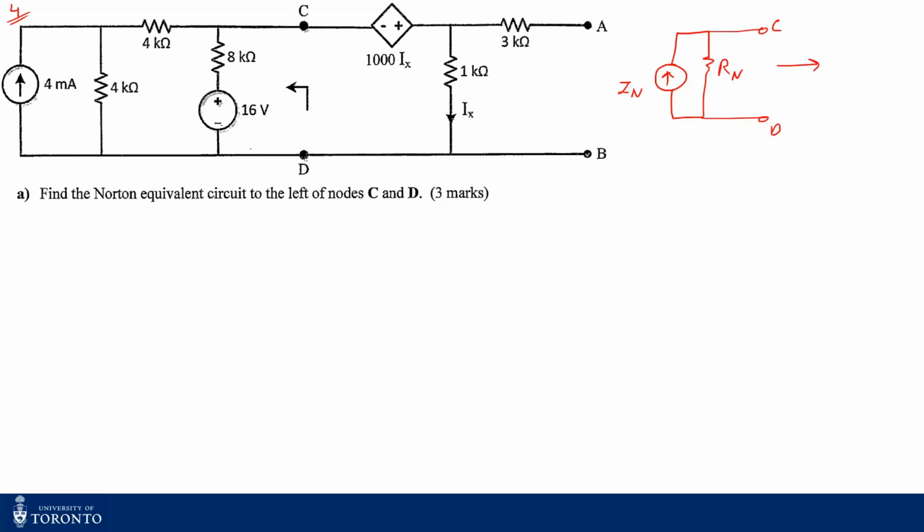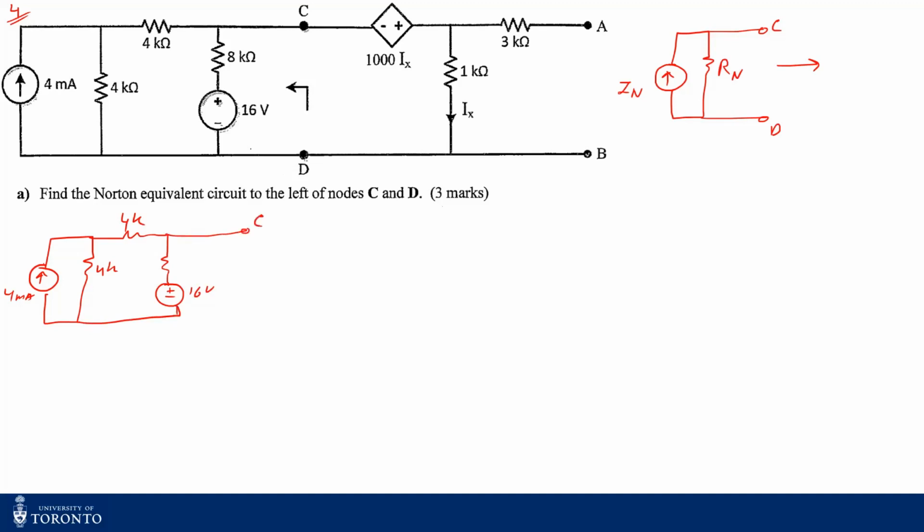So you want to replace the left-hand circuit with a current source and a resistance in parallel. For that, first of all, you just consider the left-hand circuit only. So I just consider this to be 4 milliamps, 4 kilo ohms, and this is 8 kilo ohms, and this is 16 volts, and I do a short circuit across the CD terminals.